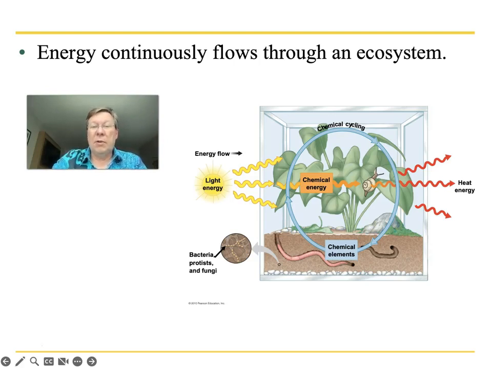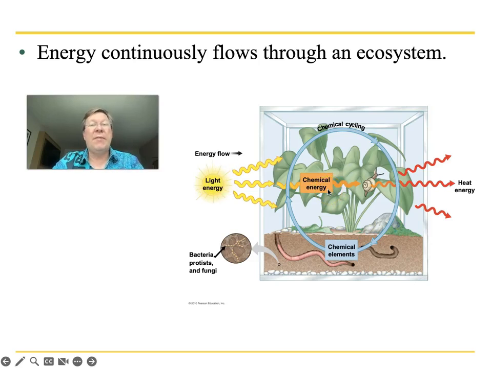Anyway, here's how this works. So we start over here on the left, clearly, with light energy. And light energy is where it all starts for us in terms of energy. That is how energy comes into planet Earth. And as we know, photosynthesis is what turns it into chemical energy. So that's one key thing that happens, the transition from light energy to chemical energy.